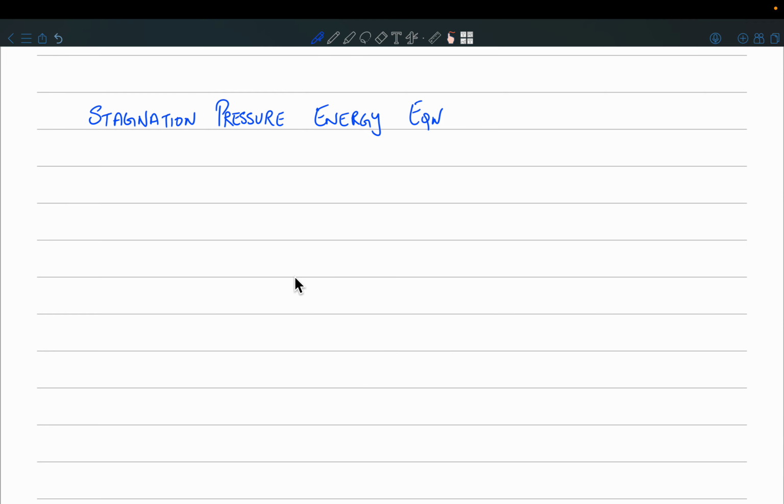So the equation turns out to be like this: dP naught by rho naught, where naught denotes the stagnation quantities as usual, plus dS, where S is entropy, into T naught minus T. Let me first write this. The entropy itself can be split into two quantities, dS_e plus dS_i.